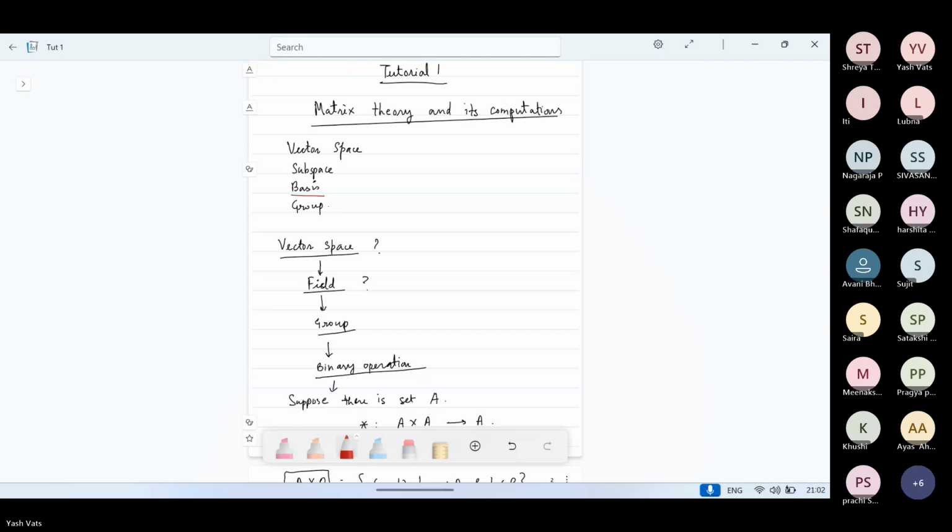Sir, what is the difference between subspace and span? Subspace and spans are similar?